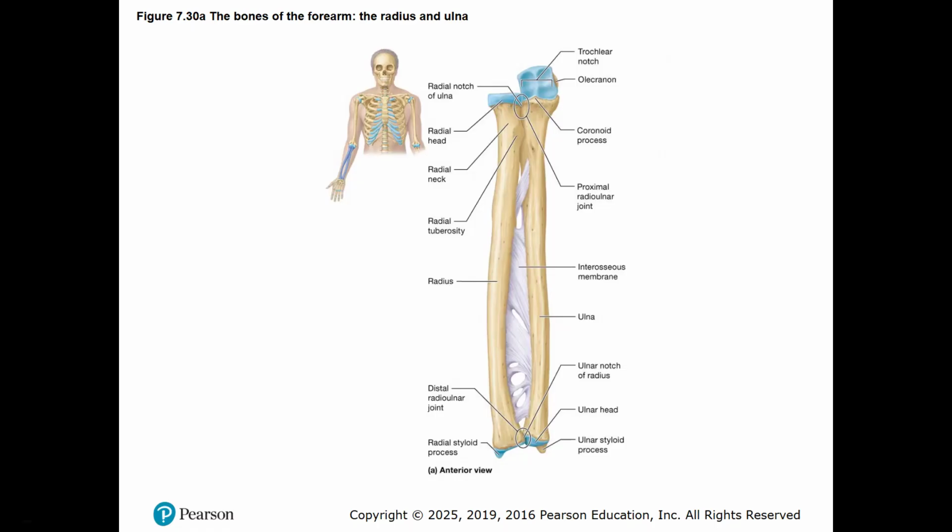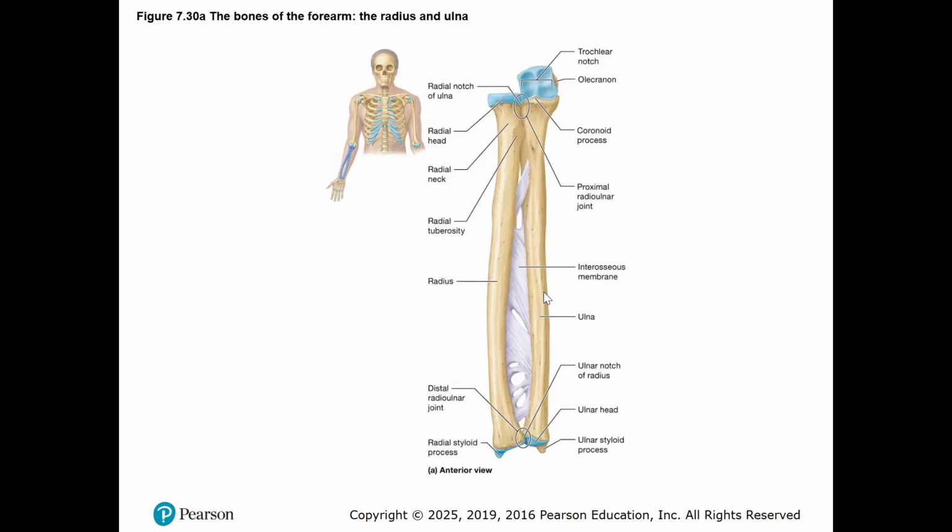That rotation of the palms is thanks to the radius, the radial head, this flattened portion here. Those are two unique features of the radius and ulna that make the proximal end and distal end pretty easy to distinguish once you understand them.